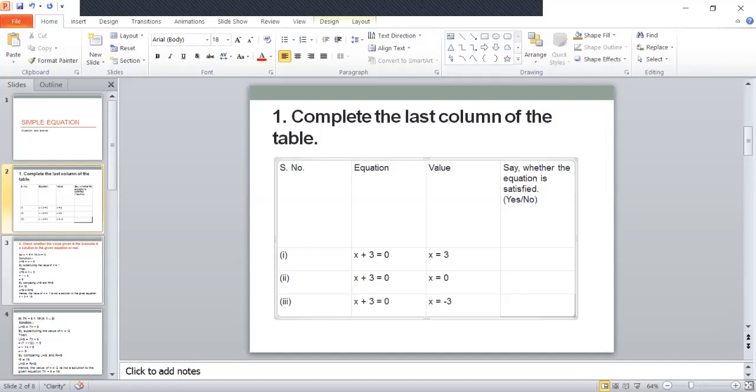So here x plus 3 is equal to 0, and it is given that x is equal to 3. Let us put 3 in the place of x.